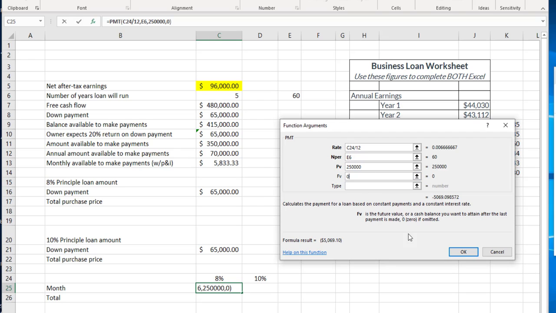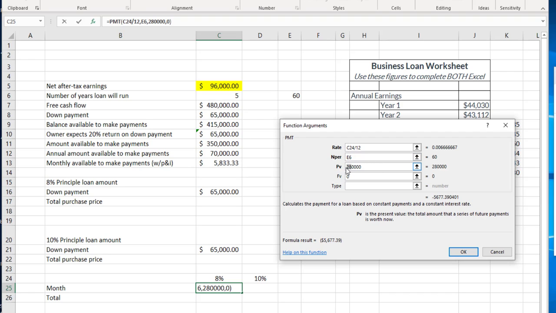So that puts us at $5,069. So we're not there yet. Let's see, 260,000. That puts us at 52. What about 270? 54. Okay, 572, 5,728. 5,6.